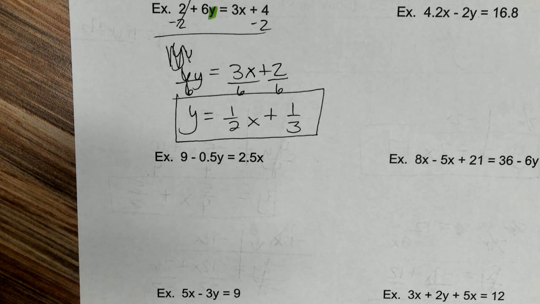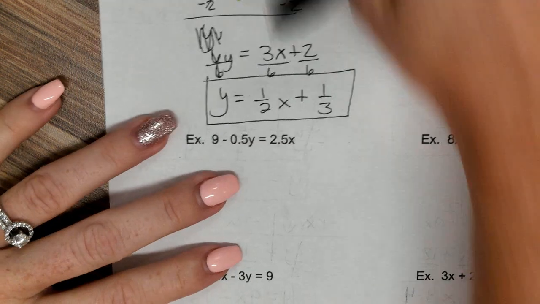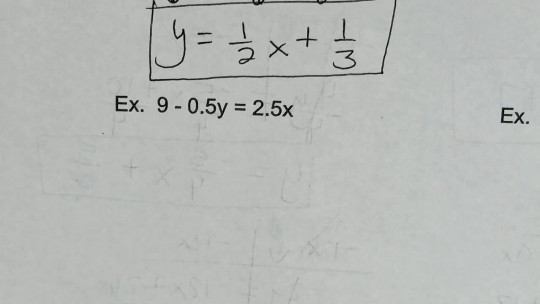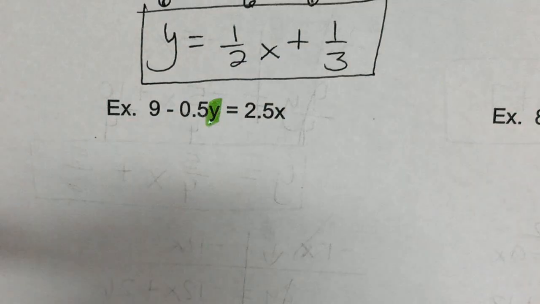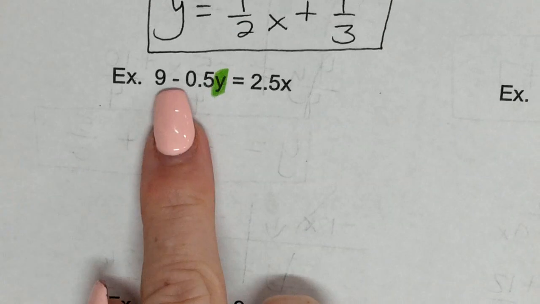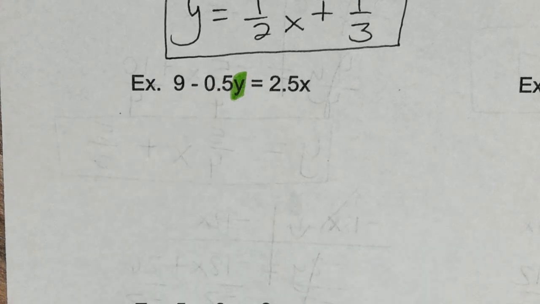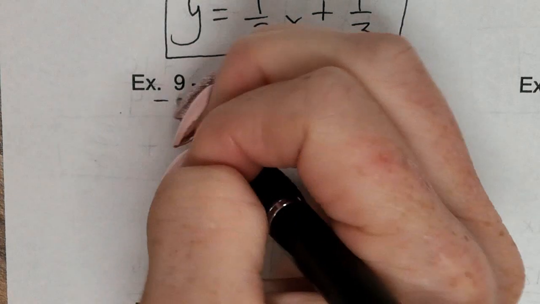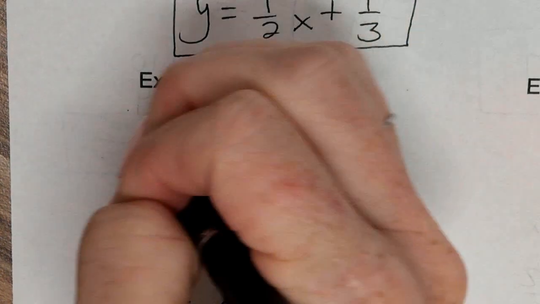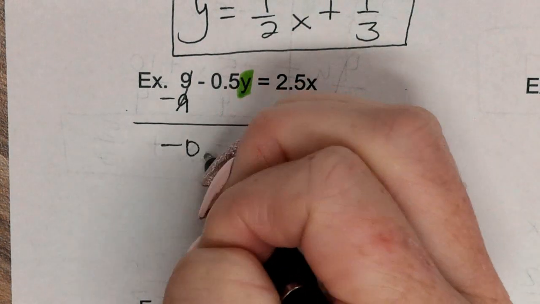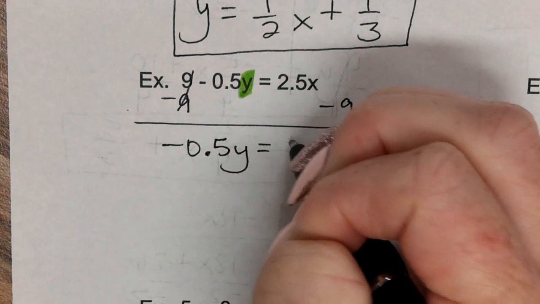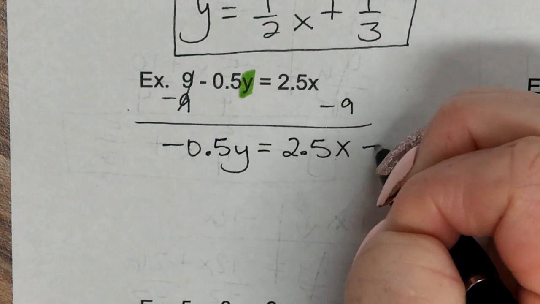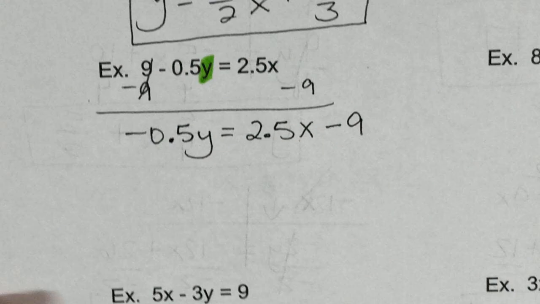Good? Am I going too fast or y'all okay? Good? All right, let's do the next one. I'm solving for y, so what's got to go? The 9. Does that minus sign belong to the 9 or the 0.5? So how would I get rid of this positive 9? Minus 9. So I have negative 0.5y equals 2.5x minus 9.